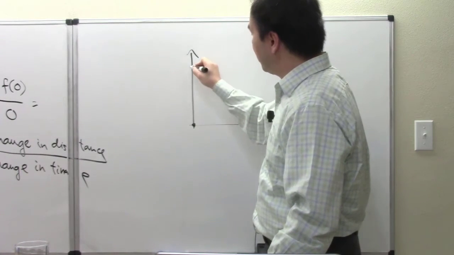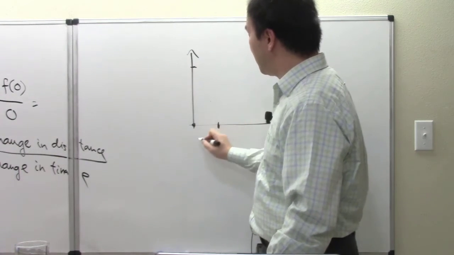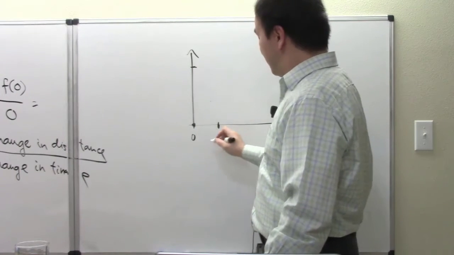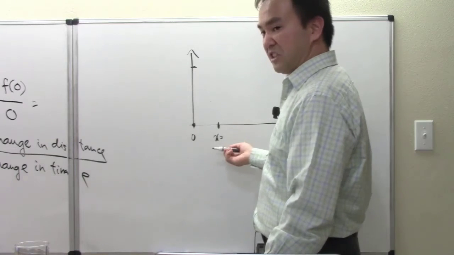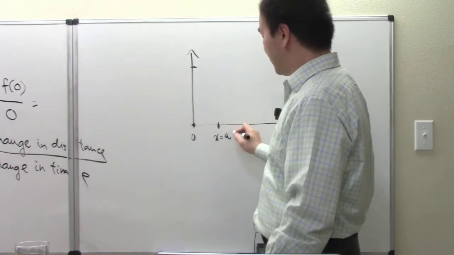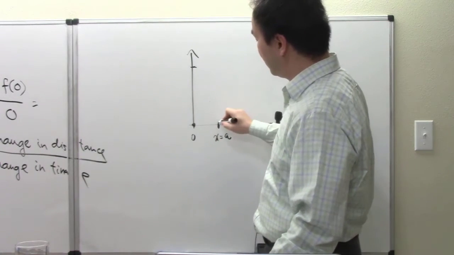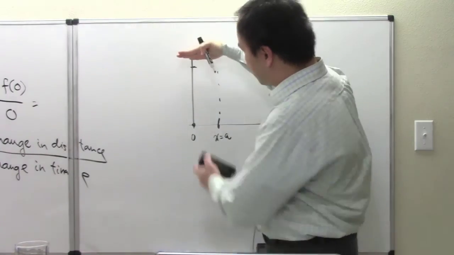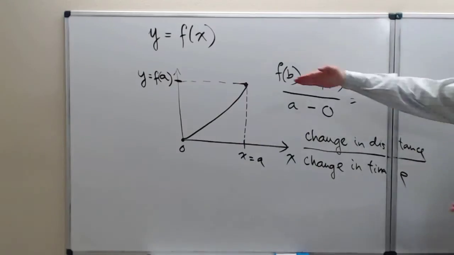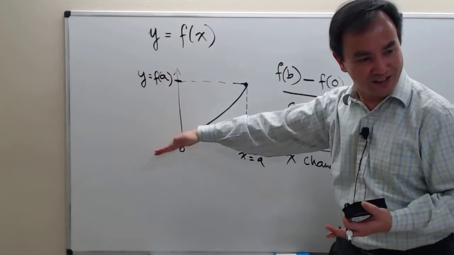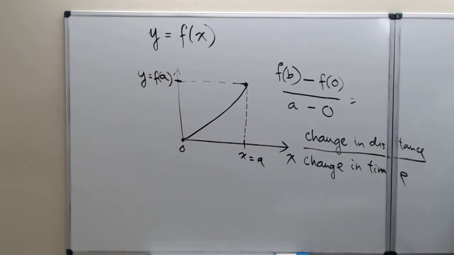So by the time you get to the bus stop, it takes you less time. Let's say you're leaving home at 0, but only a few seconds or a few minutes later, a much smaller amount of time right here. And when you get the same distance, I purposely drew two graphs with the same vertical y coordinates right here, but in less time.